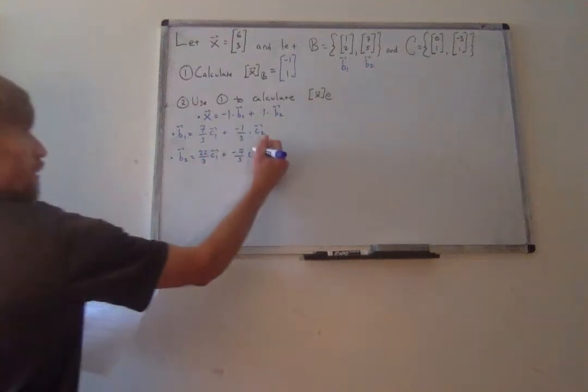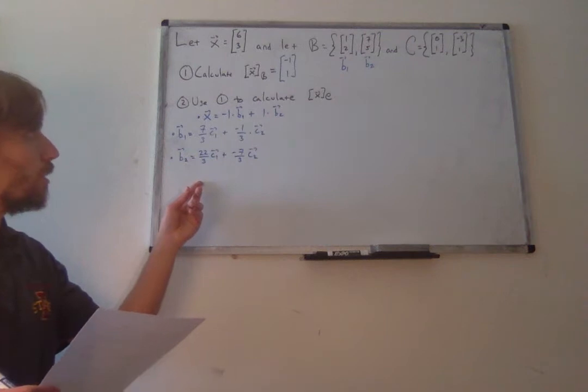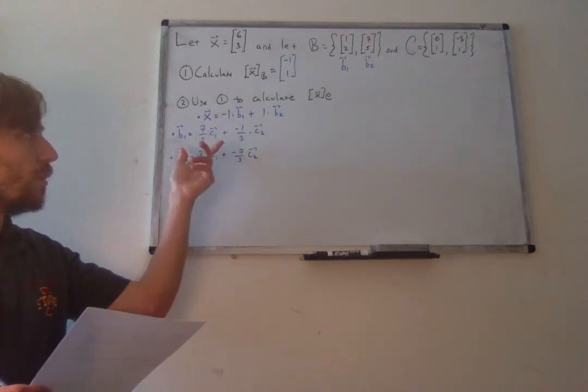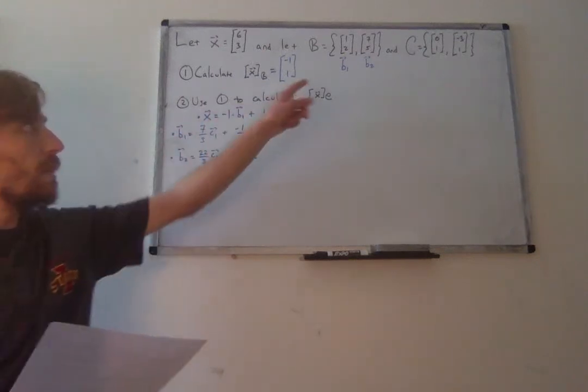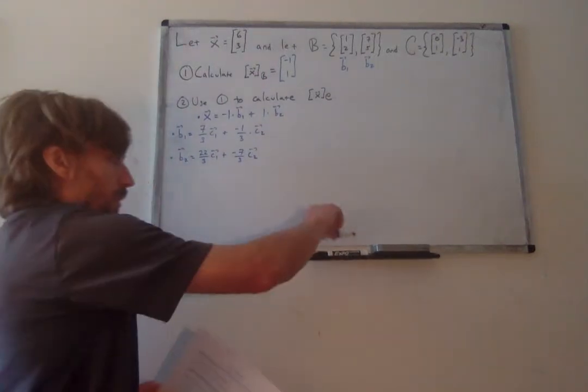Notice that these two equations I've just put on the board are the B1 and B2 representations under basis C. This is writing my basis vector B1 in terms of the two basis C vectors.